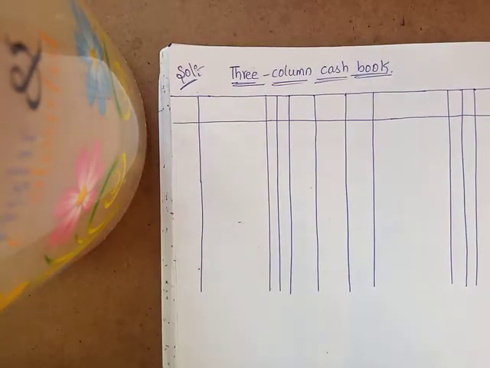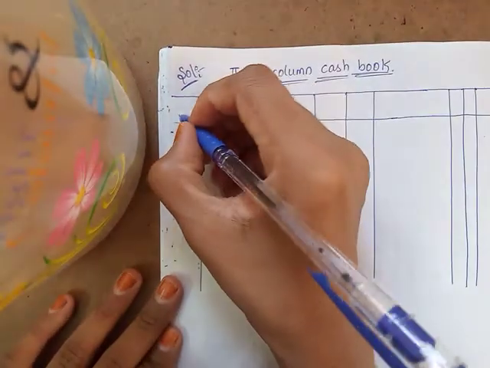This is a pro forma of a three-column cash book.